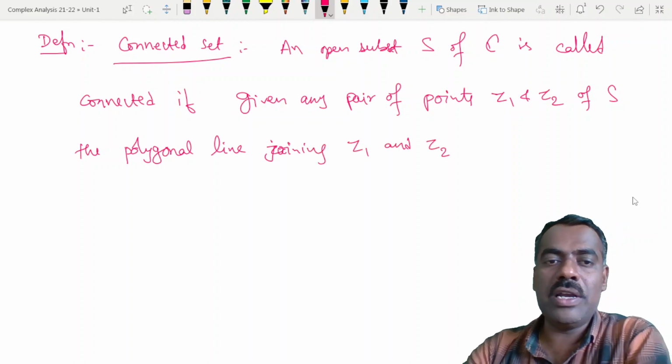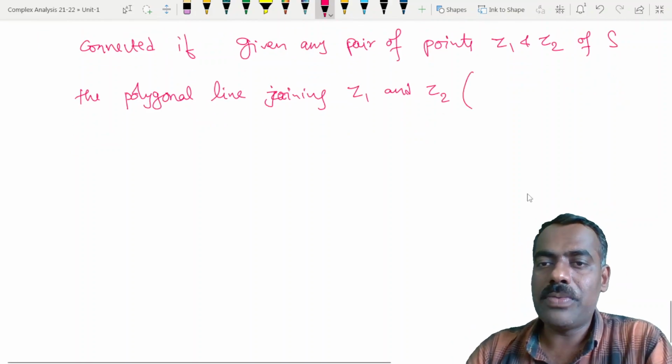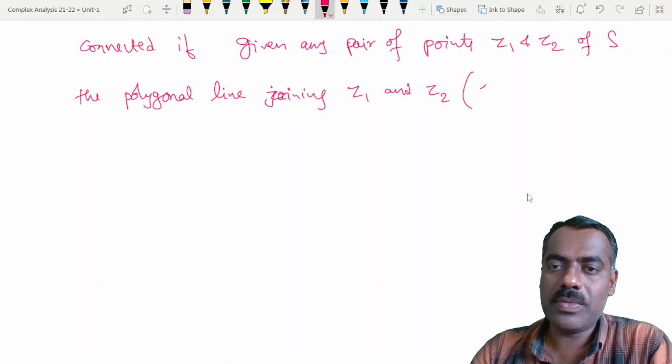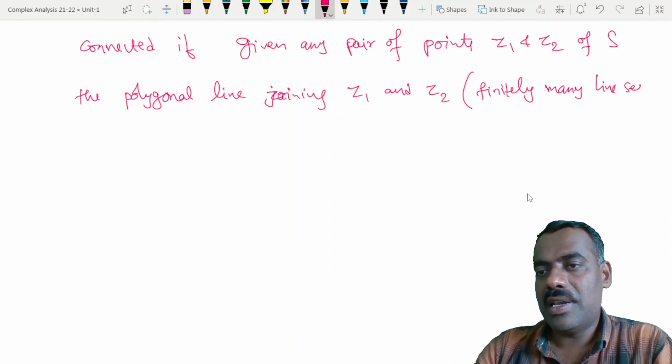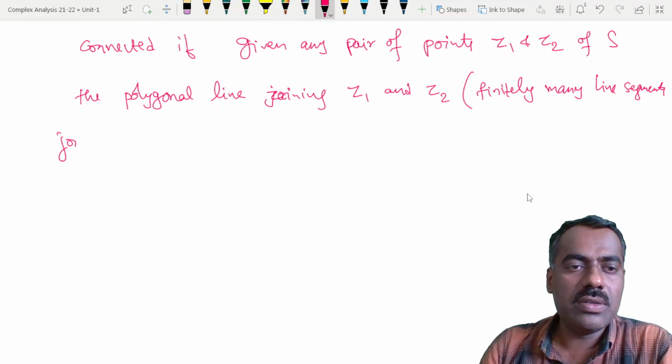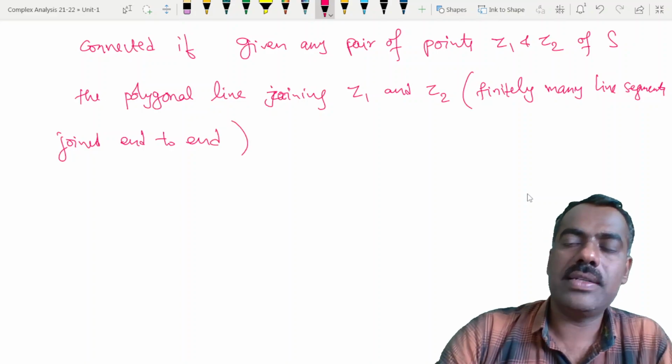What is meant by polygonal line? It contains finitely many line segments joined end to end. Okay, that is called a polygonal line.